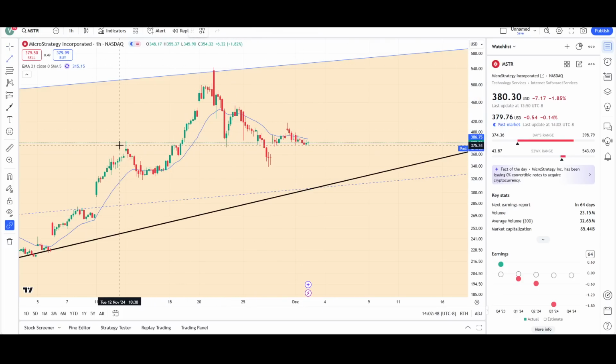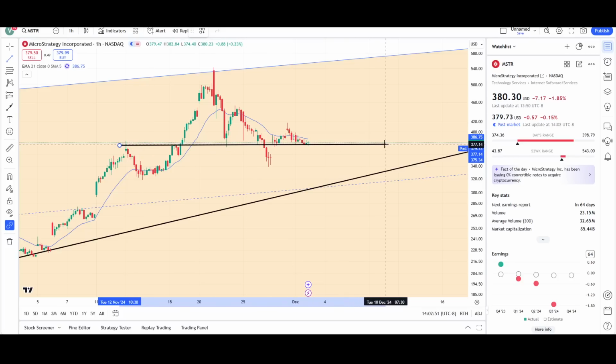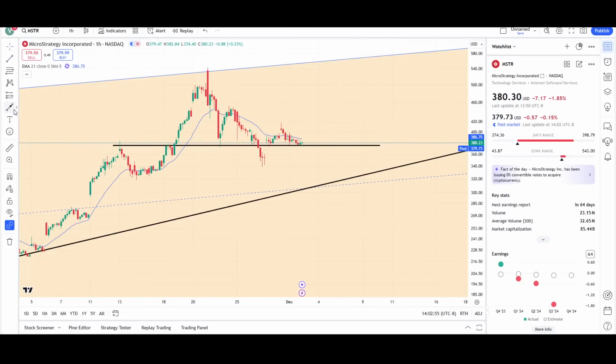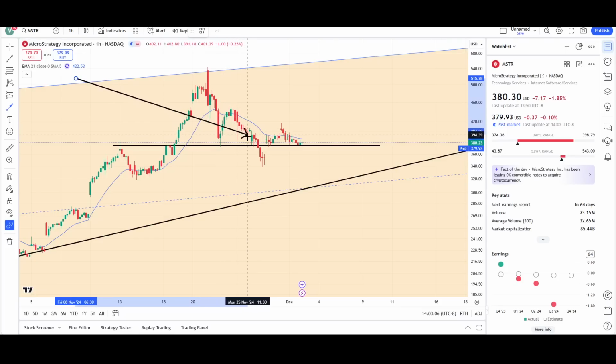There's definitely a lot of support right over here at this 377, 375 level. This was prior resistance right here. Price pushed through and found a little bit of resistance before pushing through right over here. It went up, got rejected from the channel highs, went down back to that level, tested for support, broke through lower, failed breakout, went back up, tested for support. Now it's testing for support again.